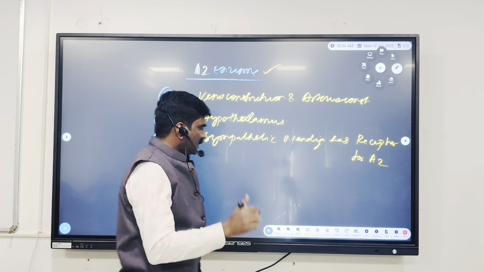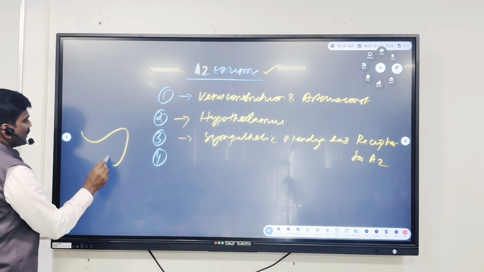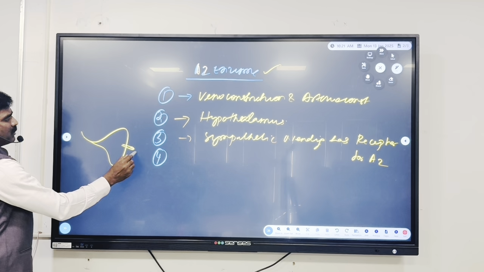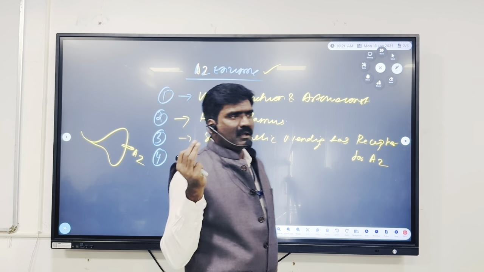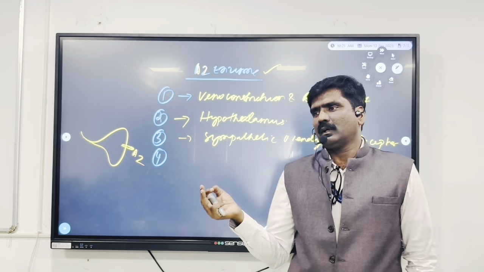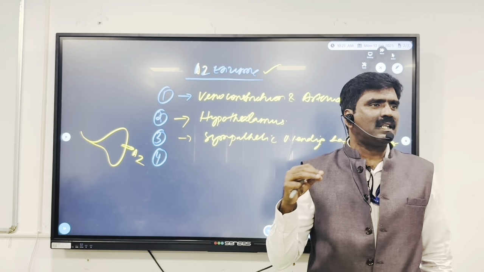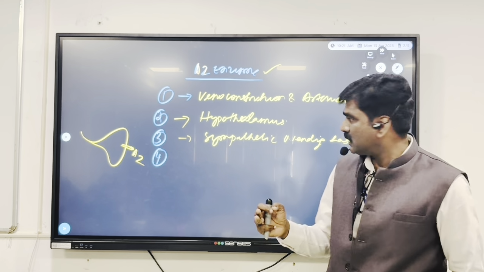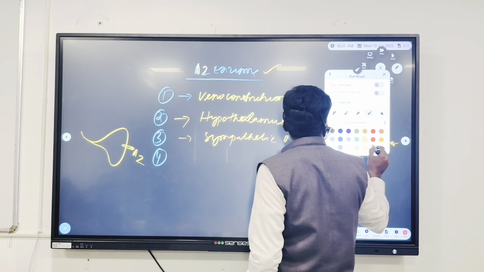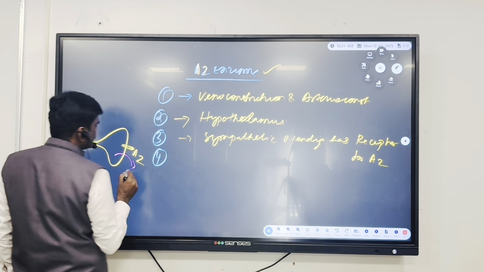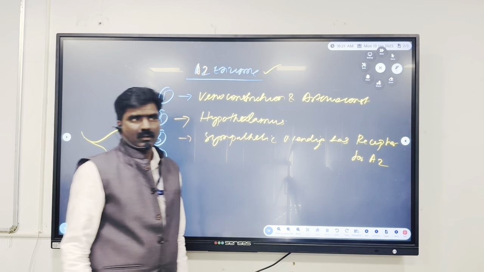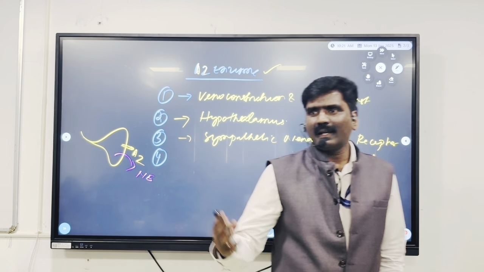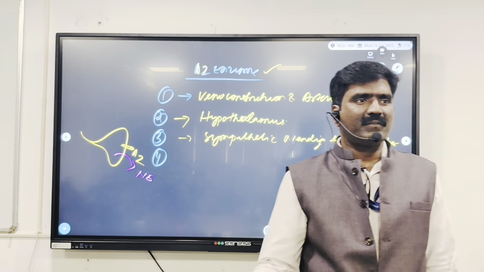Imagine this is a sympathetic nerve ending, it has the receptor for A2. When the A2, angiotensin 2, binds with the sympathetic nerve endings, then the sympathetic nerve ending will release norepinephrine. Norepinephrine will be released by the sympathetic nerve ending.